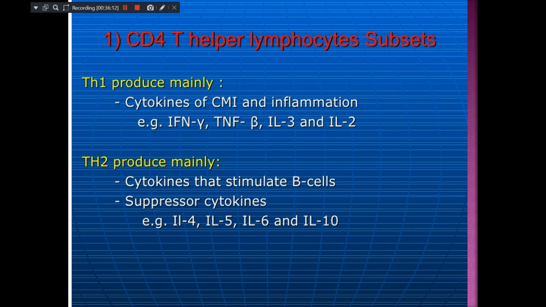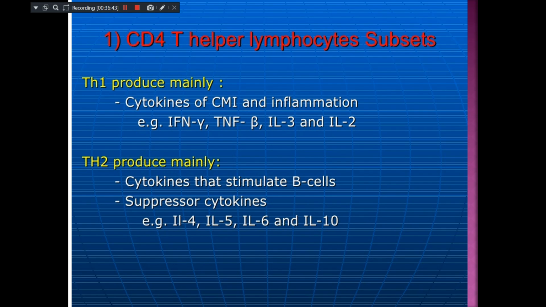The helper T cells, the Th1 cells, produce cytokines of type 1, and as a result there will be inflammation. Whereas the helper 2 cells produce mainly cytokines that stimulate the B cells, and also produce suppressor cytokines.